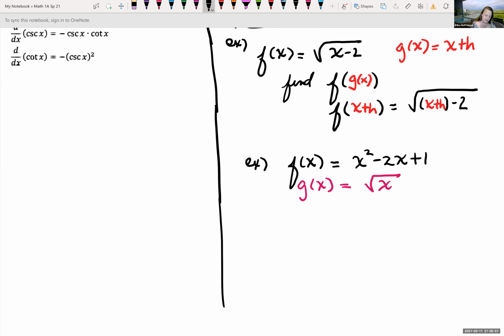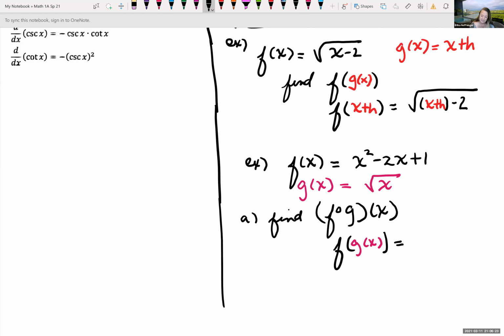And it asks you to find f little circle g of x. So we can rewrite this as f of g of x, and my g of x function is the square root of x.